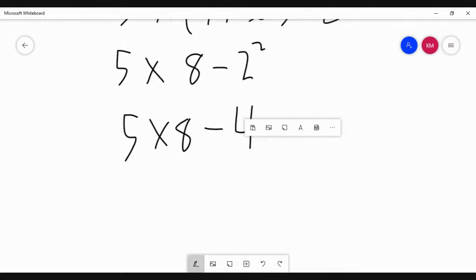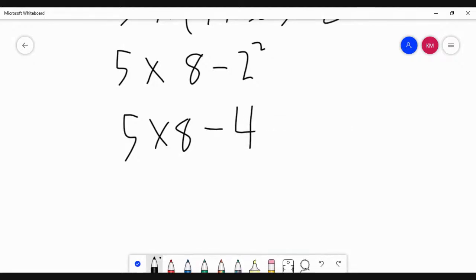Next up, we have 5 times 8 minus 4. So now we have to do multiplication or division from left to right. Do we have a multiplication or division problem? Yes, we do.